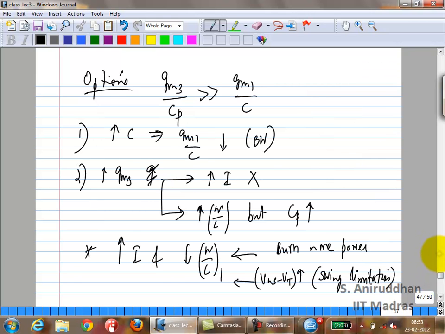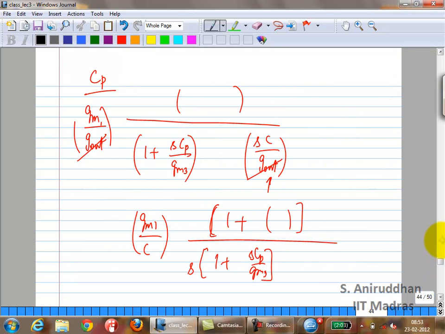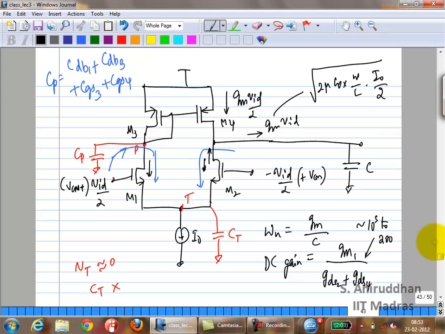Actually, before we go any further, let's go back to this guy. What is the noise performance of the single stage op-amp? What is the output noise? Let's say the output current noise.